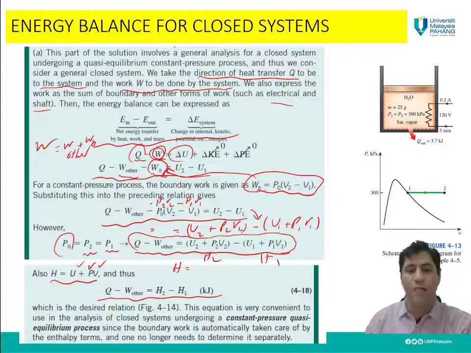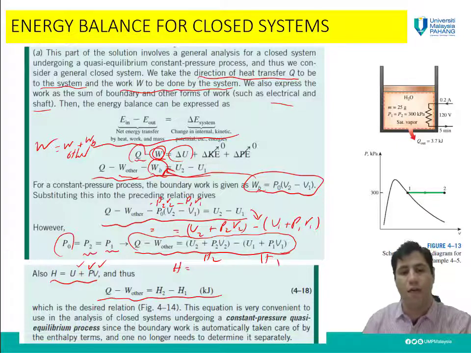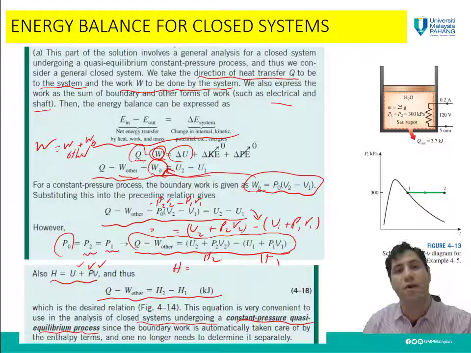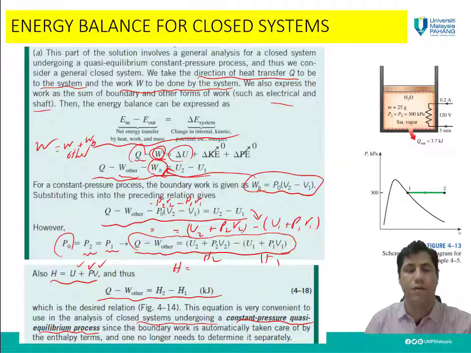This equation is very convenient to use in analysis of the closed system undergoing a constant pressure quasi-equilibrium process, which is a common form of the process actually for closed systems. So in many cases, we can just use this equation instead of this one. Instead of finding U2, U1, and also P1 and V1, we simply can use enthalpy of the system for a constant pressure quasi-equilibrium process.